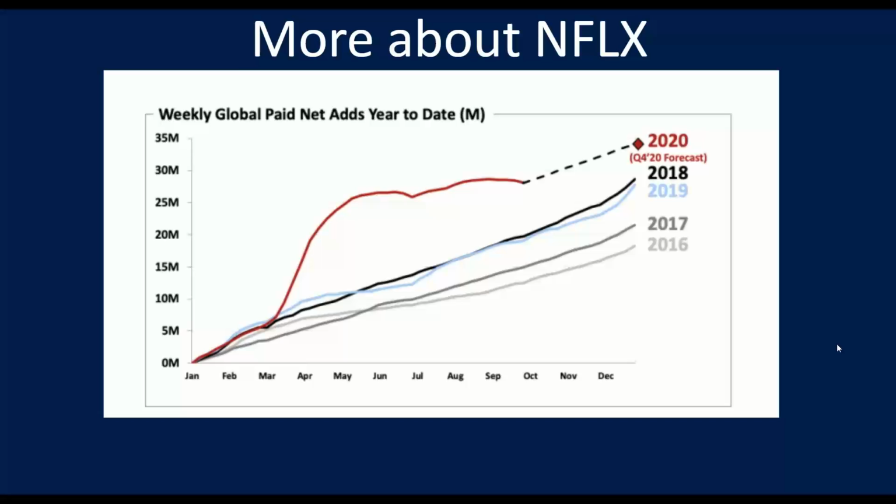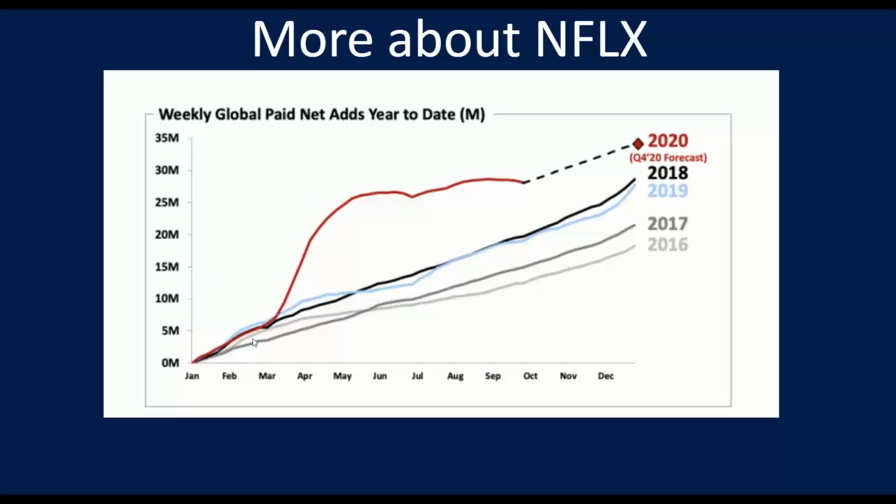All right, so another thing about Netflix, this is a chart from Netflix's earnings report. And I really brought this to highlight the idea of something being pulled forward. So you can see back in the spring, so yeah, net adds is the way that Netflix describes new paid subscribers.